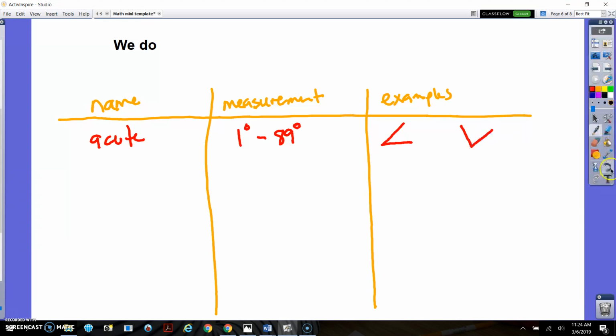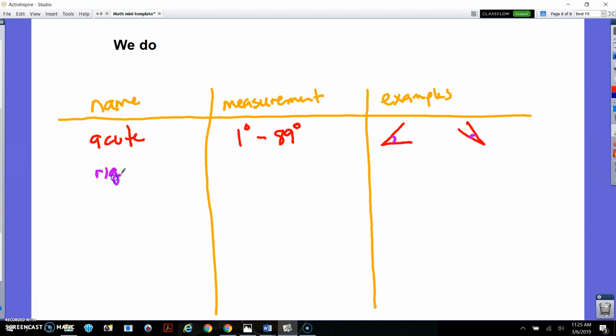Maybe one where they open the other way or something like that. So those are both acute angles, and oftentimes just to let yourself know where you're looking, we mark the angle with this little part of a circle called an arc, kind of like that.